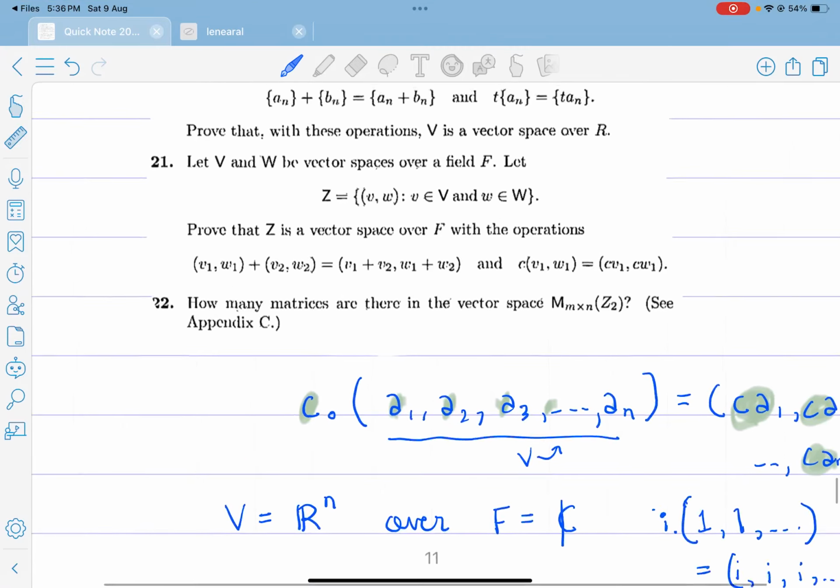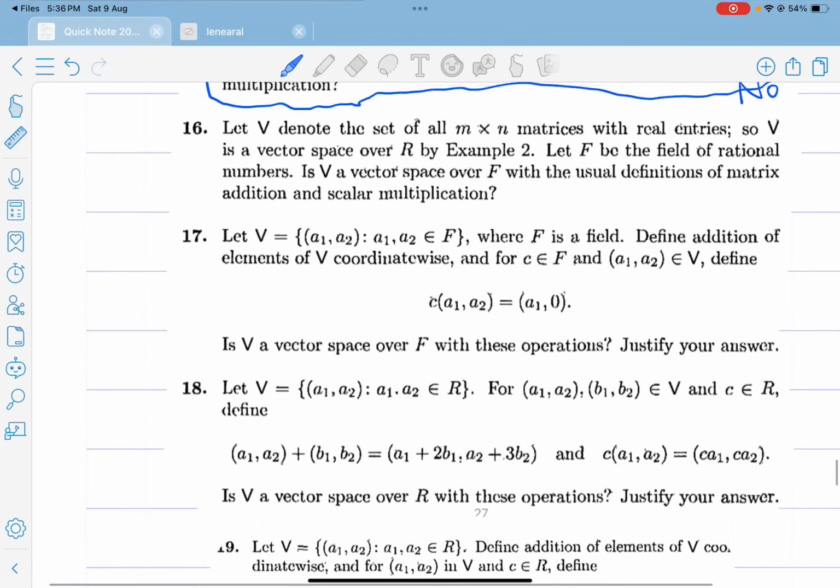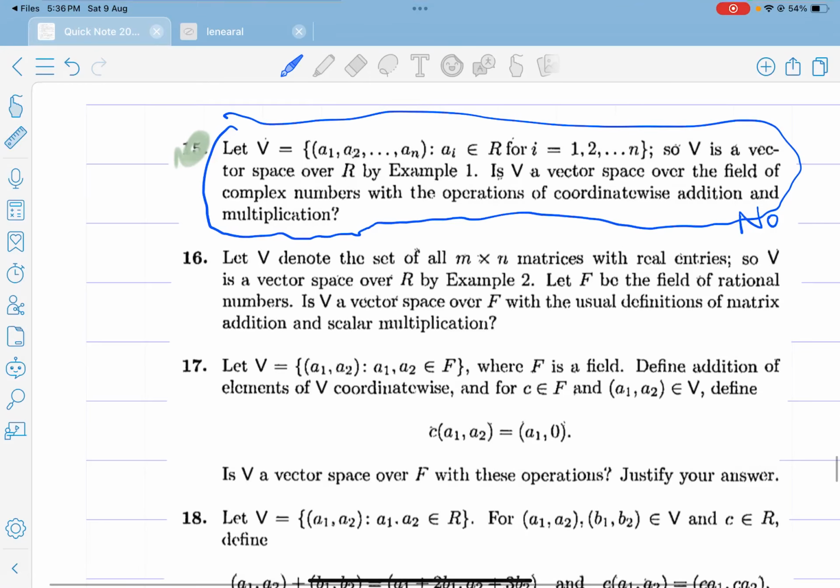So that answers the question: this is not a vector space with this definition of addition and dot product.